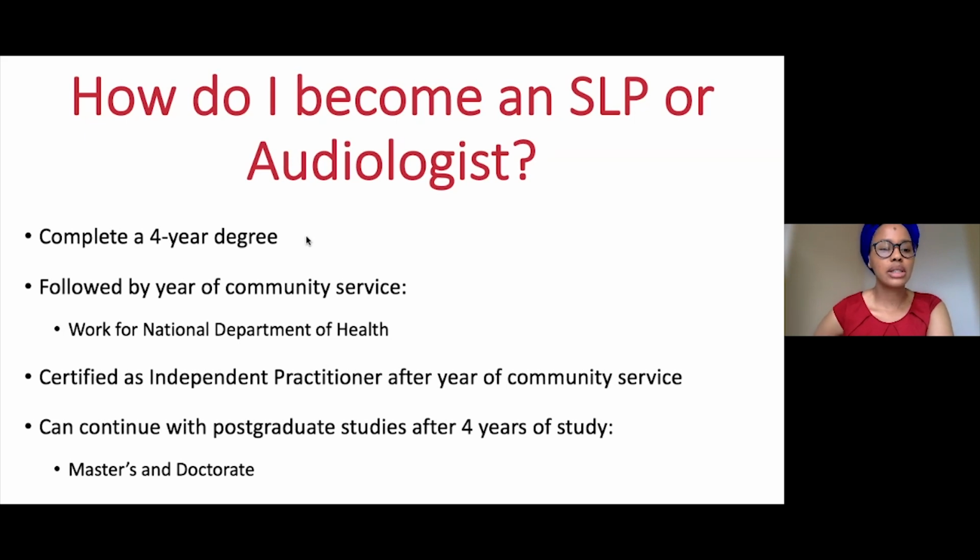And you can, of course, continue with postgraduate studies after your 4 years of study and get a master's and doctoral degree in speech and language therapy or audiology because there are so many great opportunities for research and for improving service delivery once you graduate.